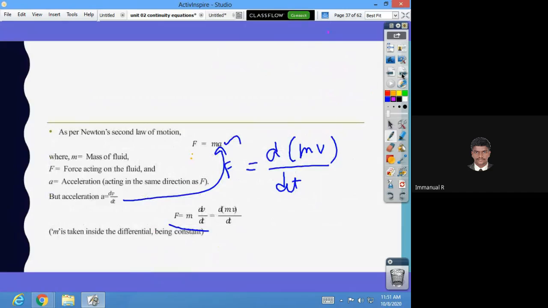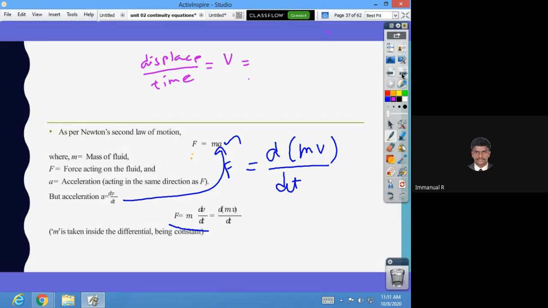As per Newton's second law of motion, force is equal to mass into acceleration. Once again I will explain. Displacement per time is equal to velocity. If I want to know the instantaneous velocity, I will go for differentiation.